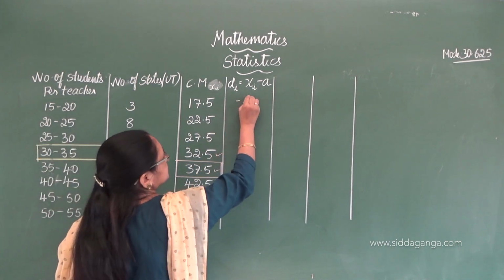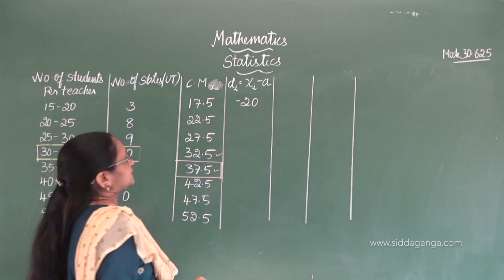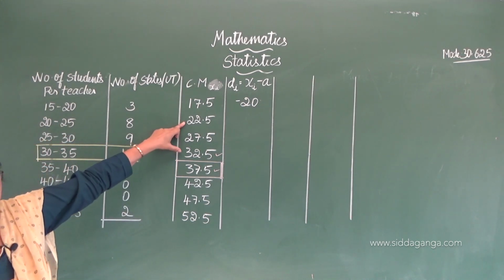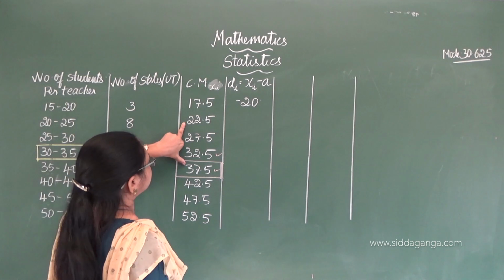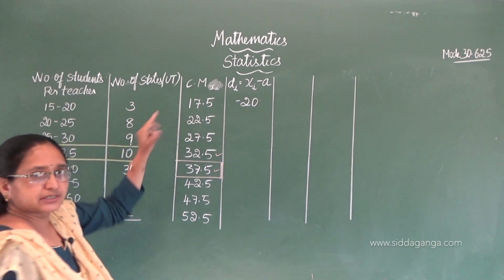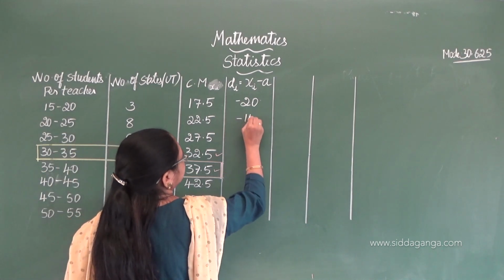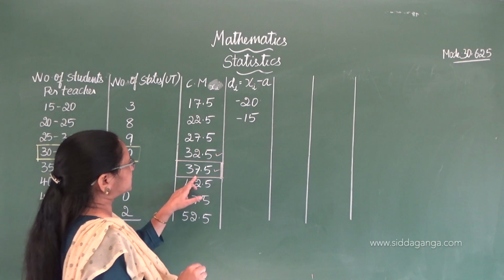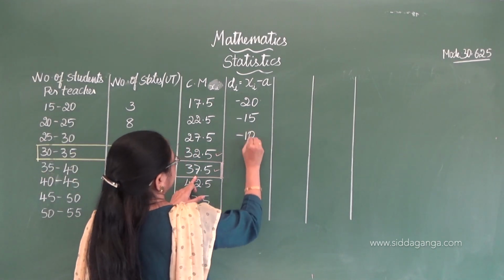So you will get minus 20. Next, 22.5 minus 37.5. So minus 15 you will get, correct? Minus 15, check. Then 27.5 minus 37.5, so minus 10.